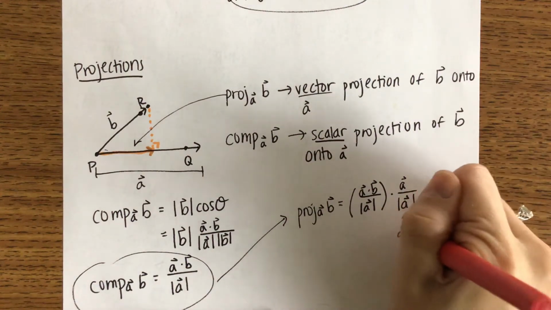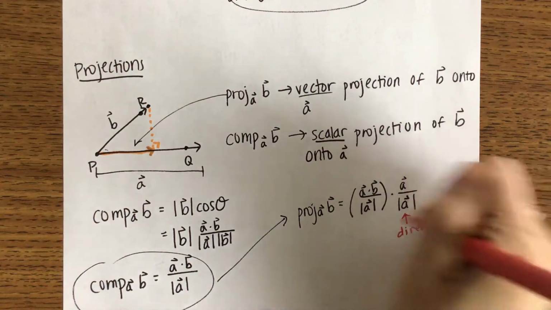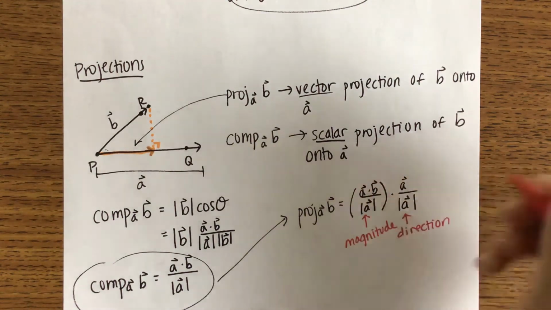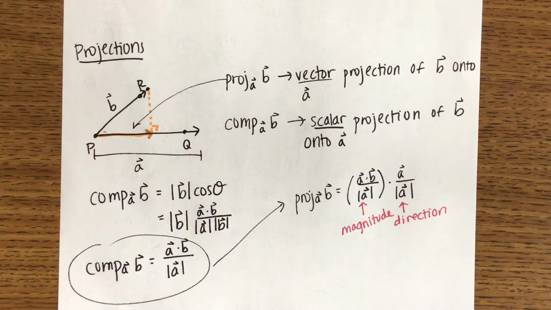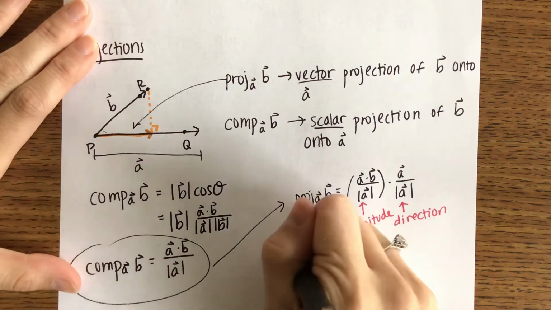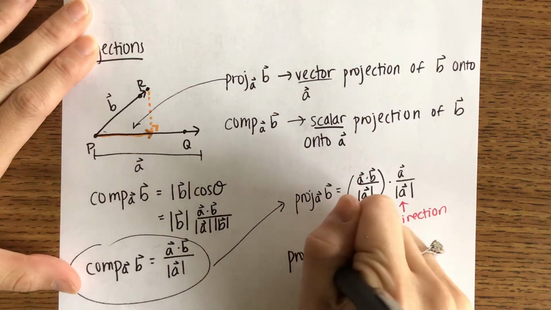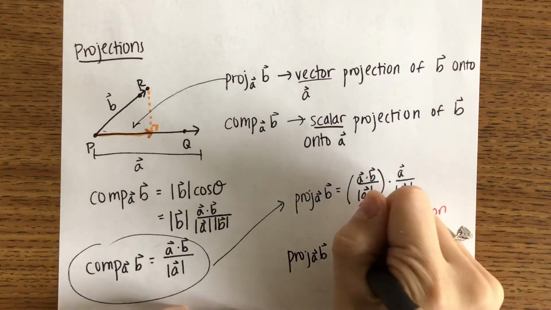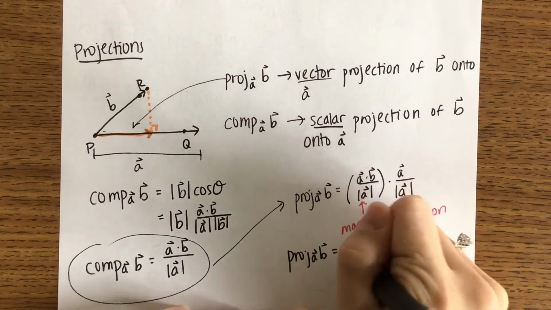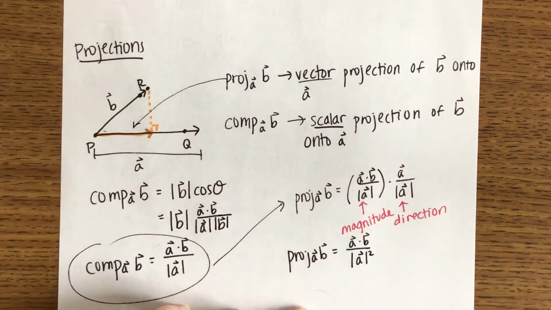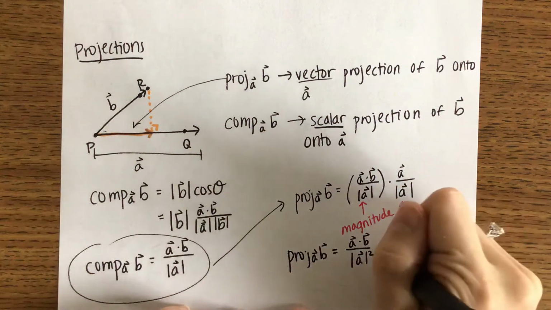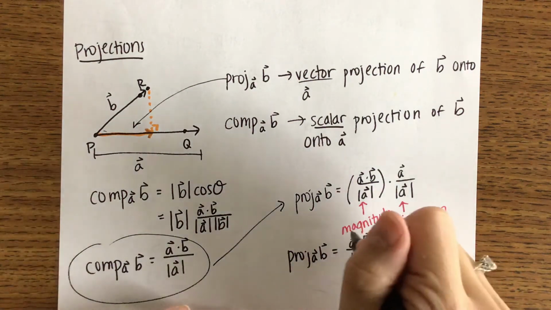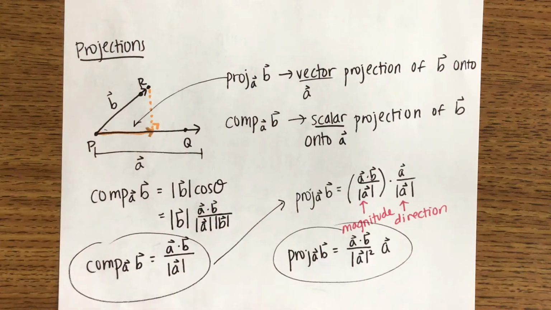So again, this is the direction. This is the magnitude. So then our formula to find the actual vector projection is going to be a dot b over the magnitude of a squared times vector a. So nothing cancels, that's just normally the way that it's written.